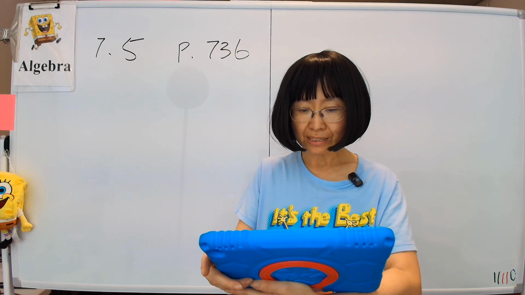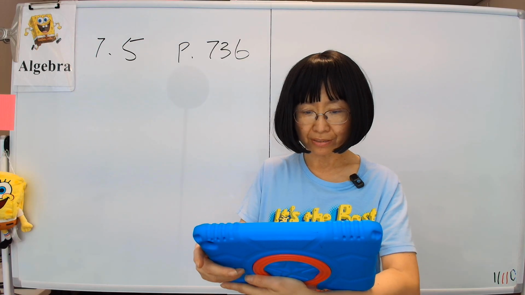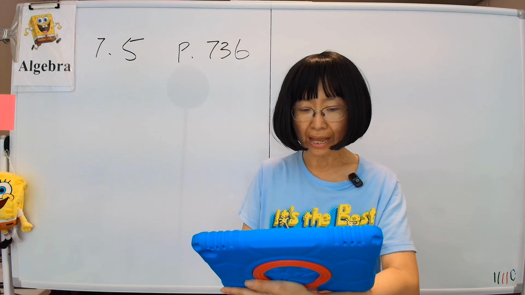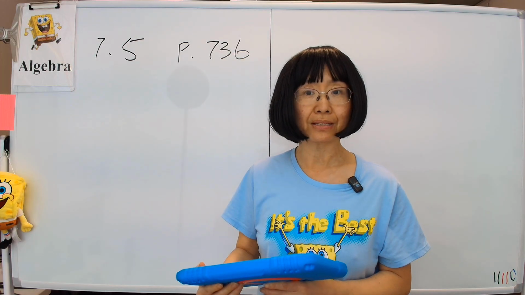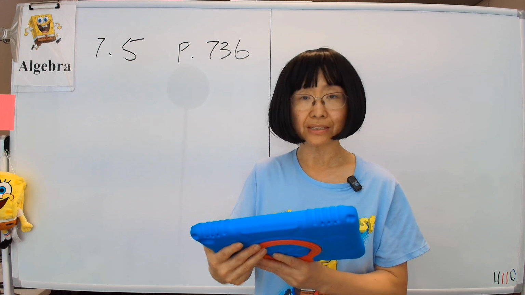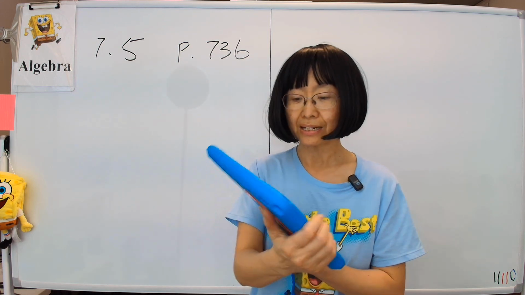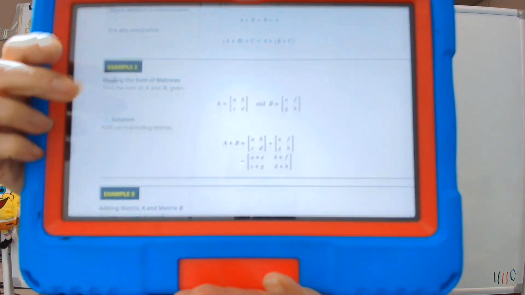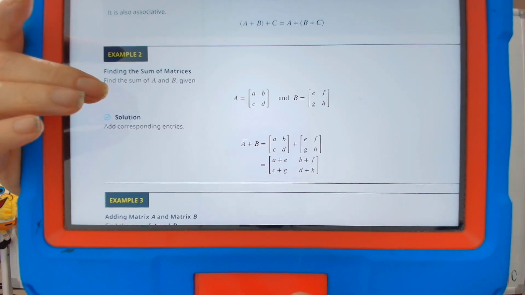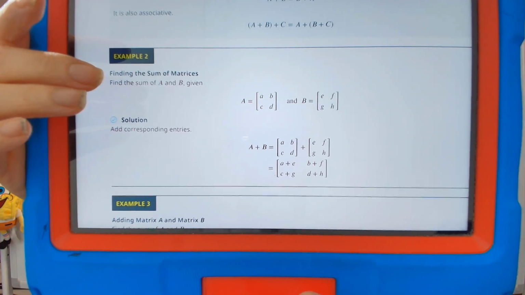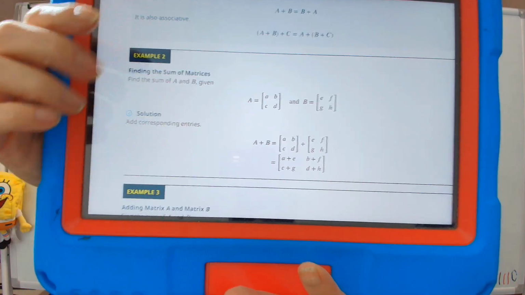So next, let's turn to the next page, page 737, and consider how to add matrices. Now, to add matrices, first the matrices have to be consistent in shape, in dimensions. That is, if these are 2 by 2 matrices, and they're the same dimensions, then you can add them up, and you will add them by adding each corresponding term.